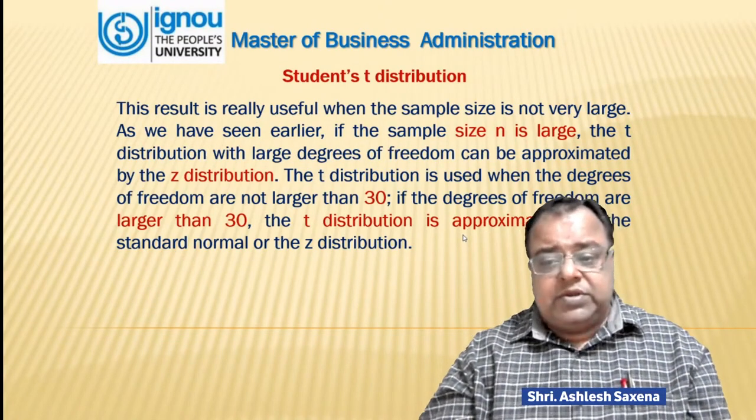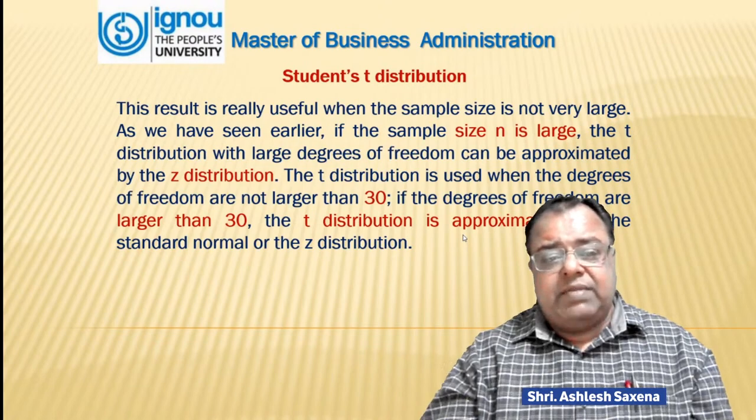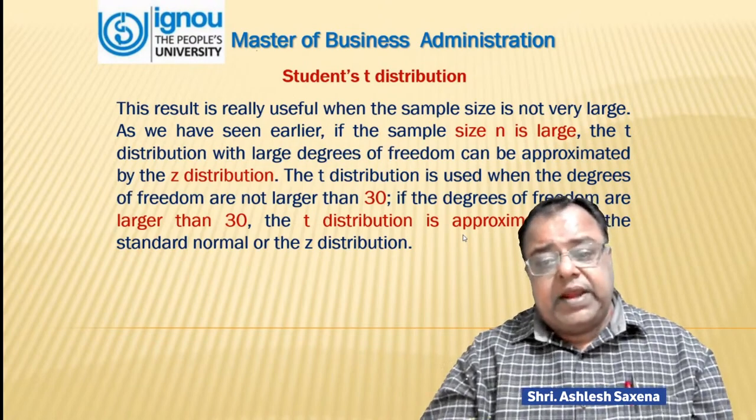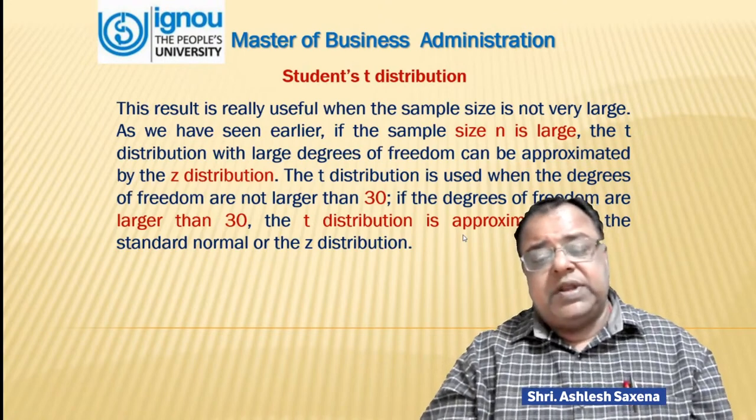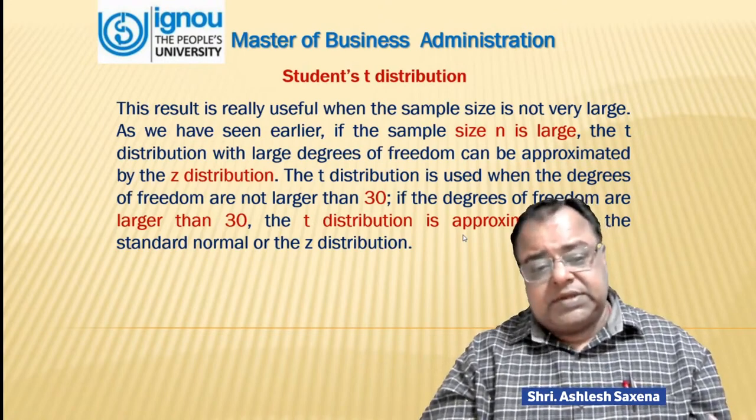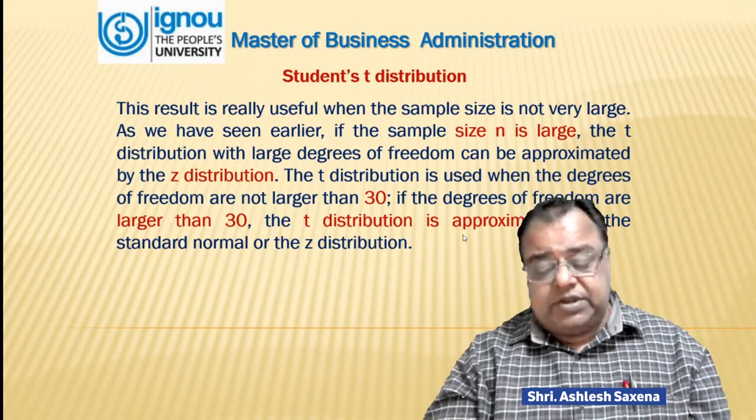The t distribution is used when the degrees of freedom are not larger than 30. And if the degrees of freedom are larger than 30, the t distribution is approximated by the standard normal or the z distribution.